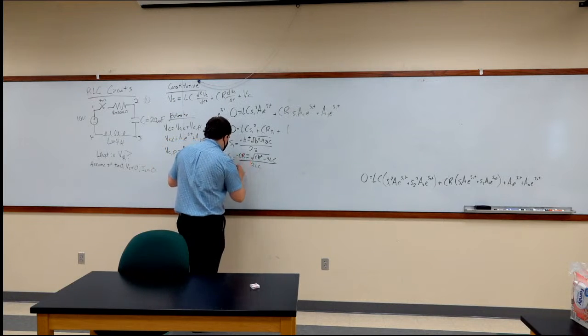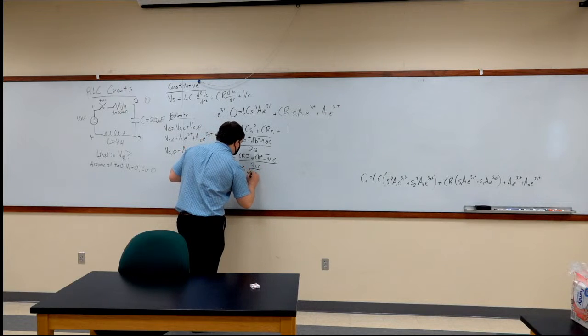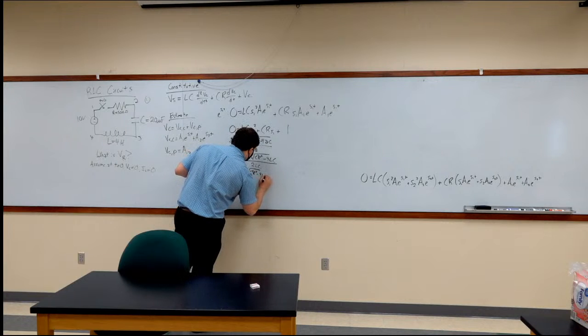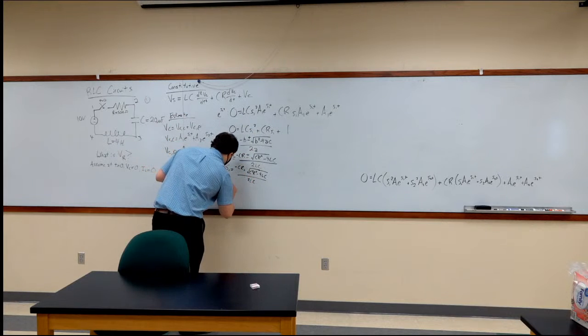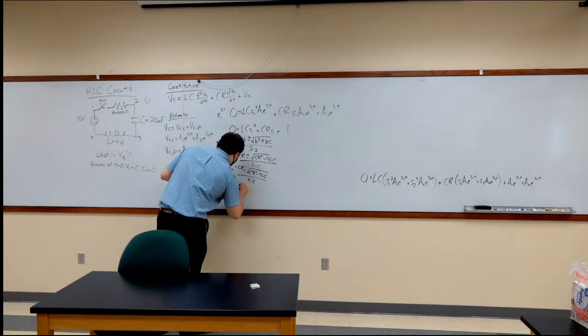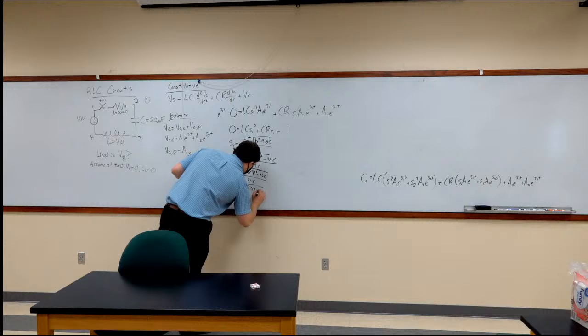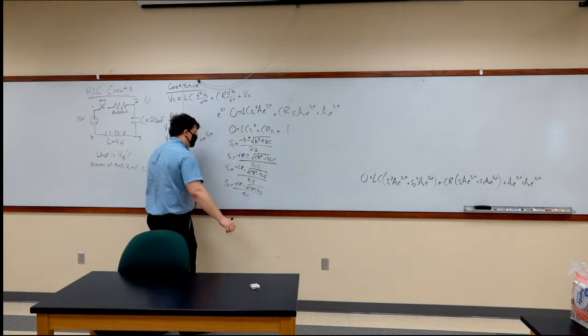Therefore, S1 is equal to negative CR plus the square root of C squared R squared minus 4LC, divided by 2LC. And then we'll make S2 equal to negative CR minus the square root of C squared R squared minus 4LC, divided by 2LC.